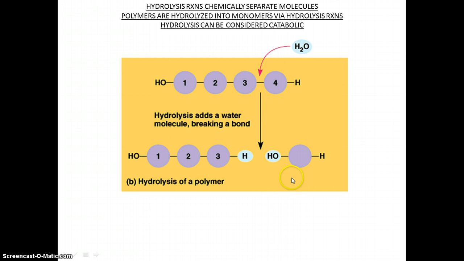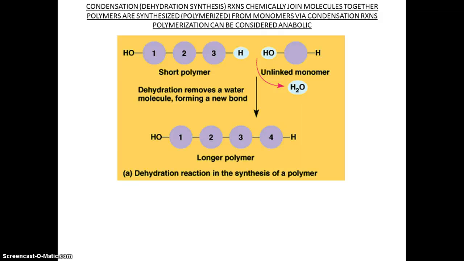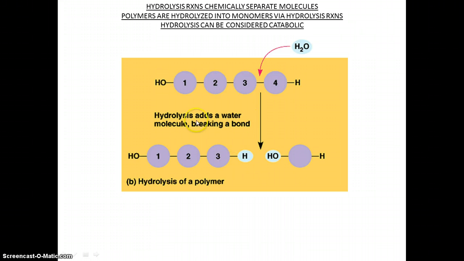If you remember, a polymer means many units, a monomer is 1 unit. So here you're combining a monomer to a short polymer to get a bigger polymer. So monomer means subunit, polymer means many subunits. And here you are breaking the bond in the polymer, and now you have 1 monomer and a smaller polymer.